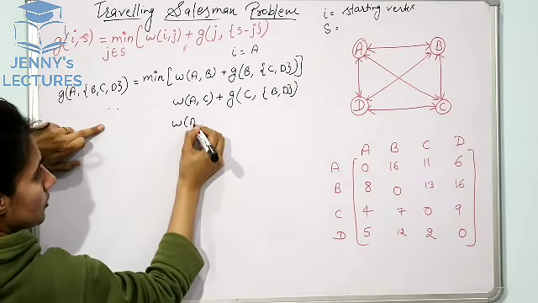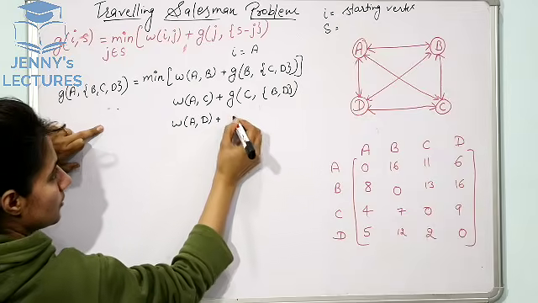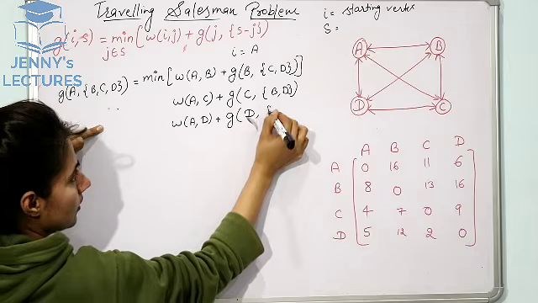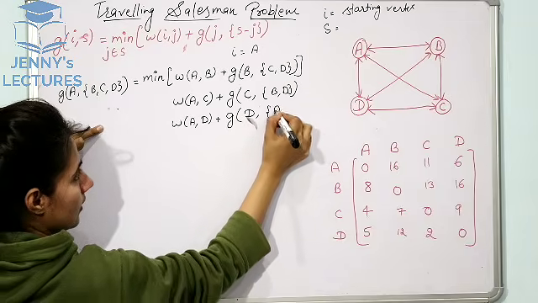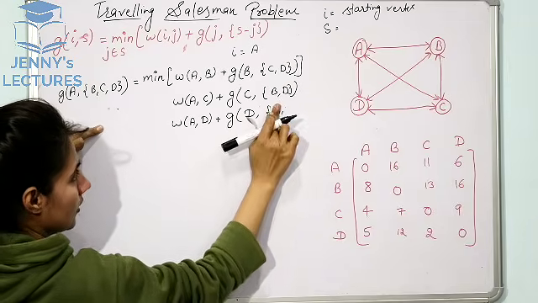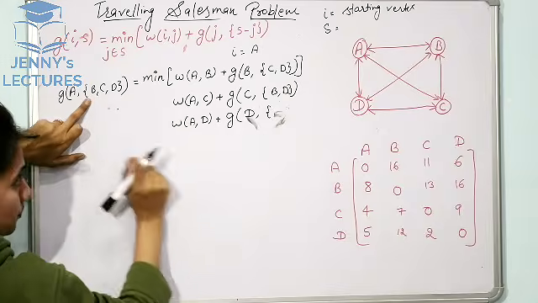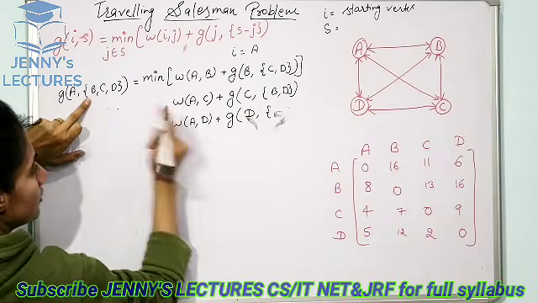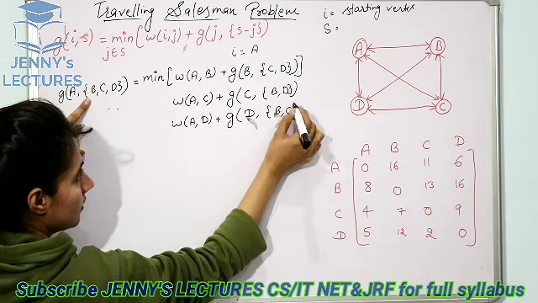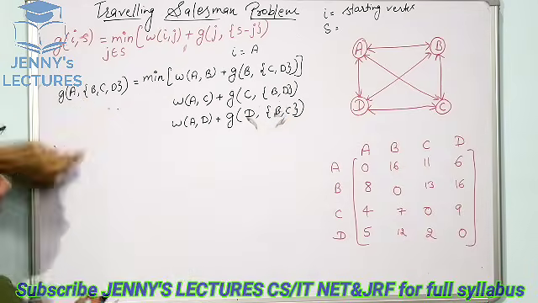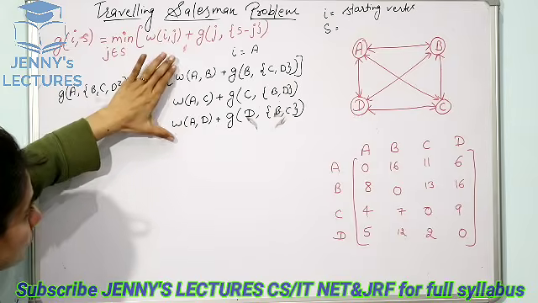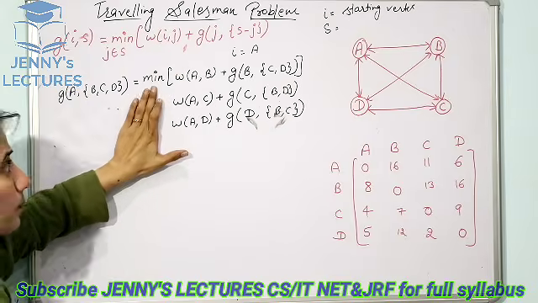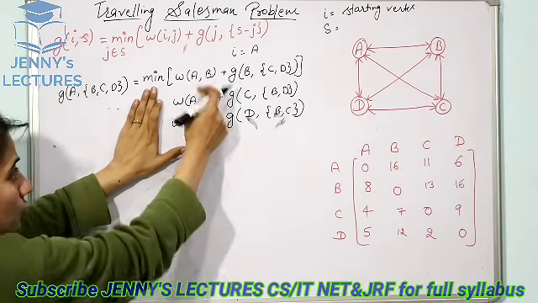And third is, if we are selecting D, then plus this would be G of D and, sorry, A we can't write. From B, here you will write D and then B, C, D minus D, that is only B and C are remaining. Now out of these three values we have to take the minimum one. We have three choices here.